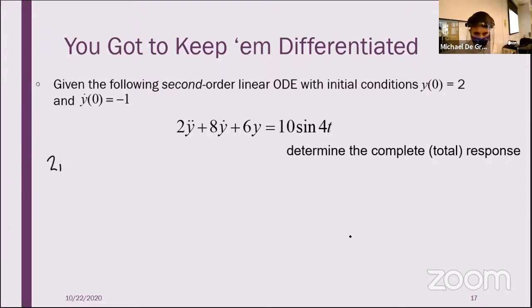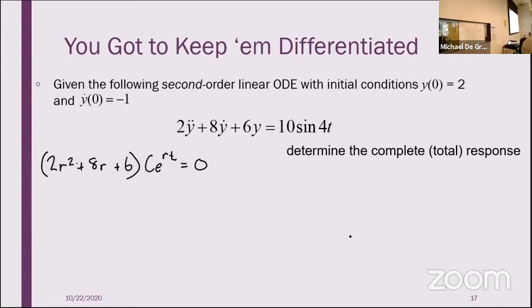You're going to get this. You might start noticing, between those last two problems, the characteristic equation looks a heck of a lot like the input or the output side of my equation.